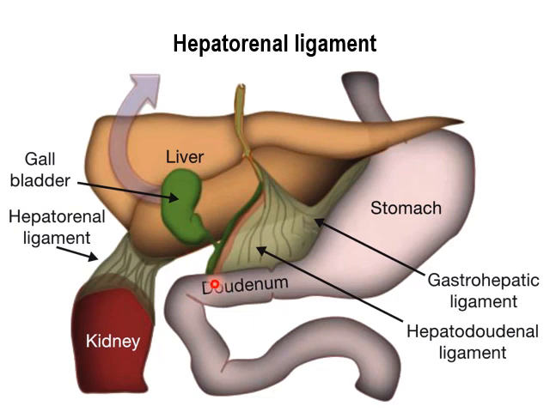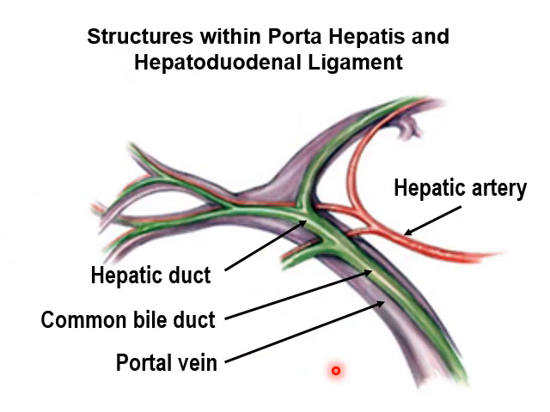We can see also here the hepatorenal ligament. The structures within the hepatoduodenal ligament and porta hepatis are the portal vein posteriorly, anterior to the right the bile duct, anterior to the left the hepatic artery.